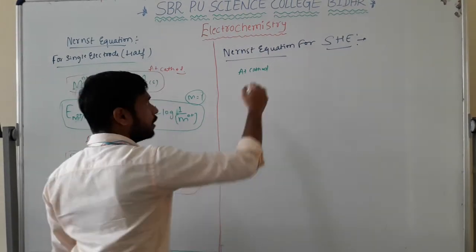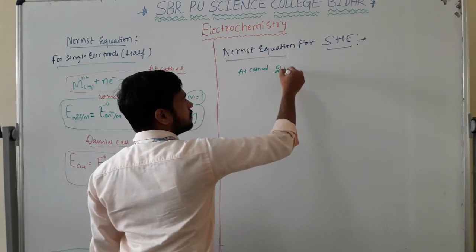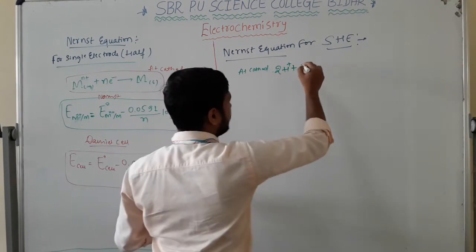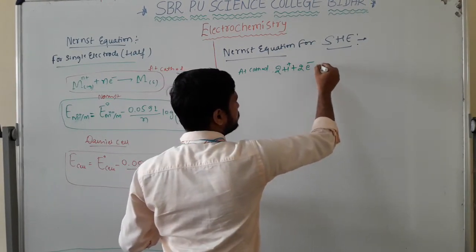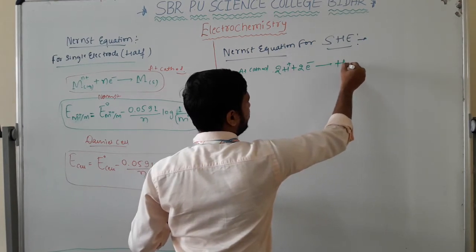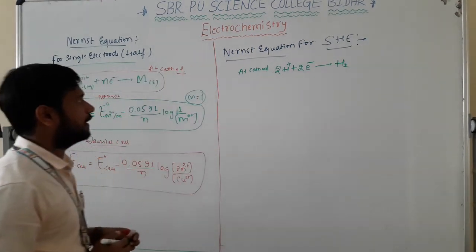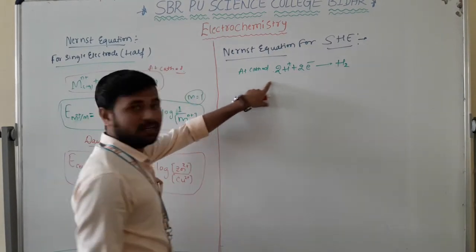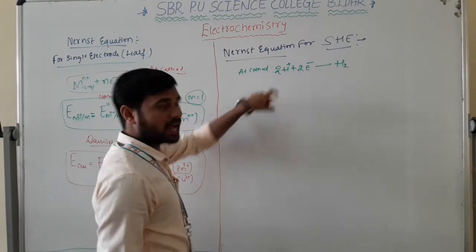See what happens: 2H+ plus 2 electrons gives rise to H2. This is the reaction. Now I want to write the standard Nernst equation for this reaction.